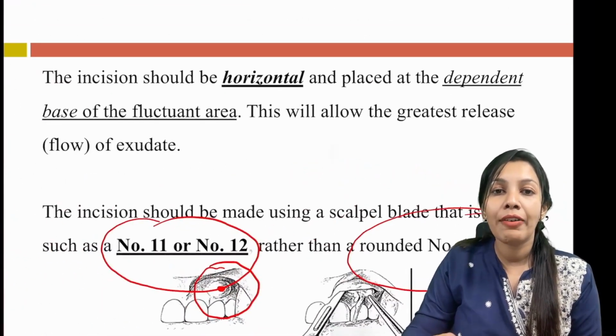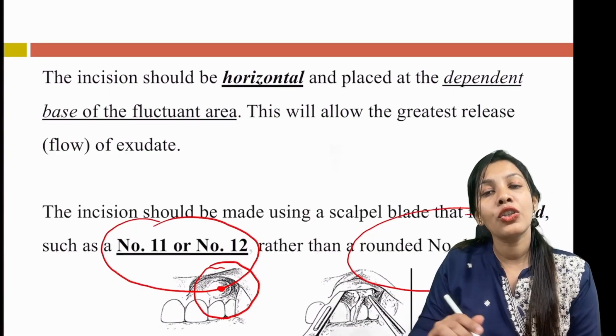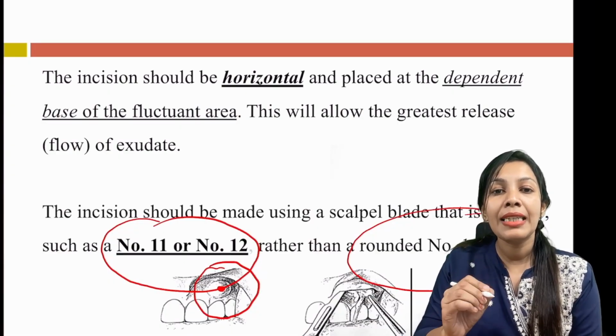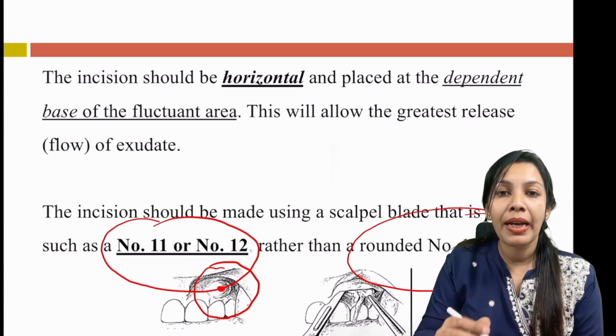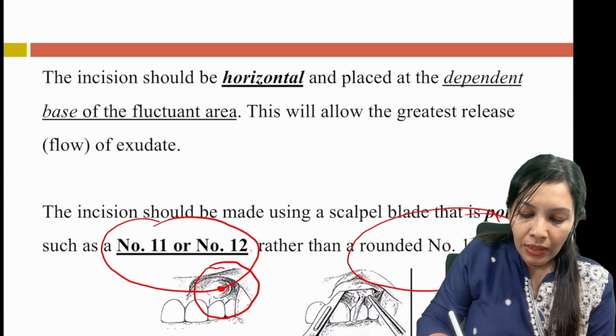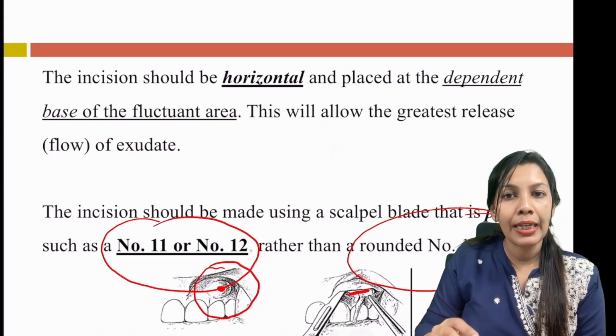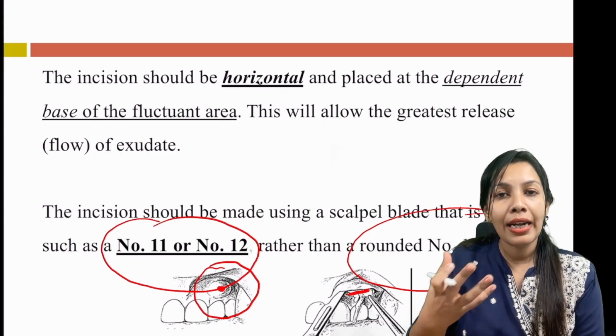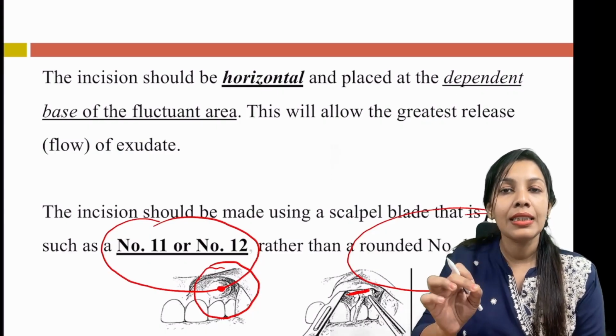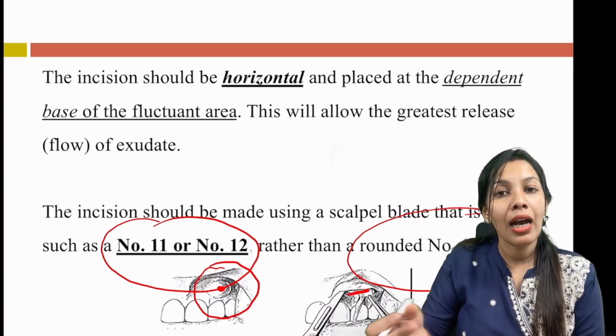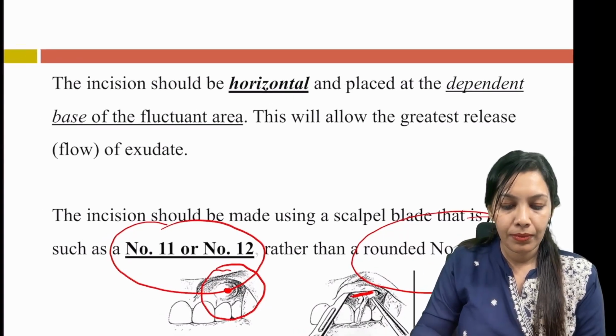So we use an 11 or 12 blade. The incision should be horizontal and placed at the most dependent base of the fluctuant area. It should be placed as a horizontal base, not vertically, and that horizontal incision releases a large amount of exudate outwards.